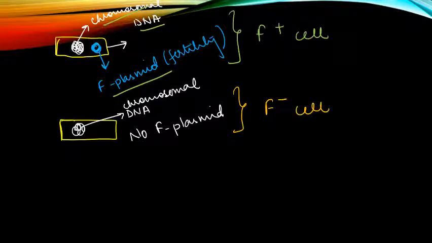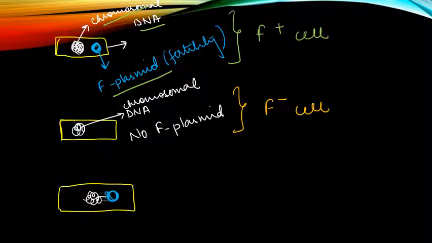Clear? Now sometimes, apart from F positive and F negative, what happens? The chromosomal DNA is present, but the F plasmid, instead of being present separately along with the chromosomal DNA, gets integrated with the chromosomal DNA.